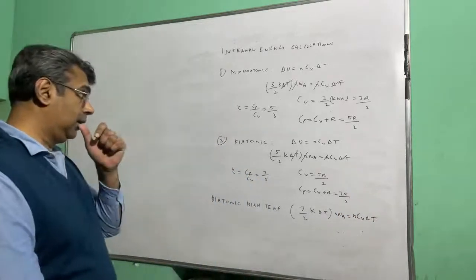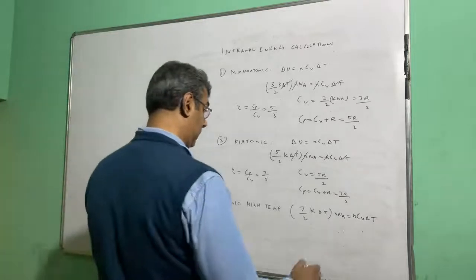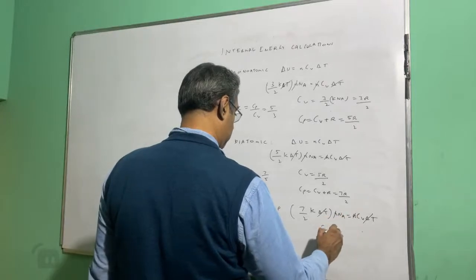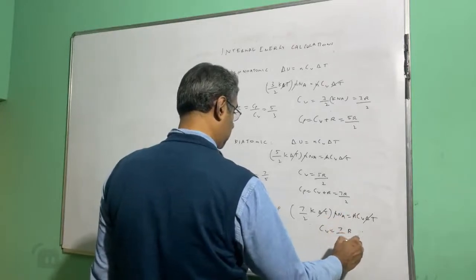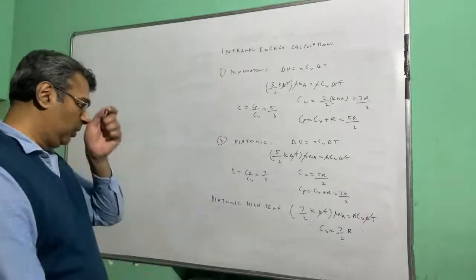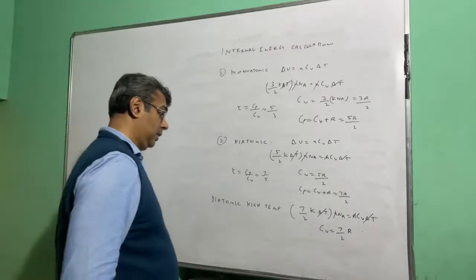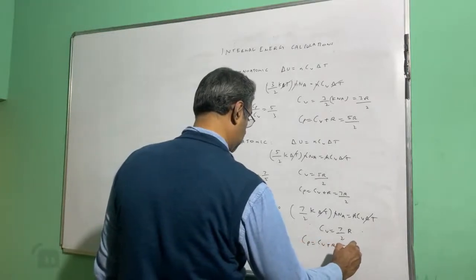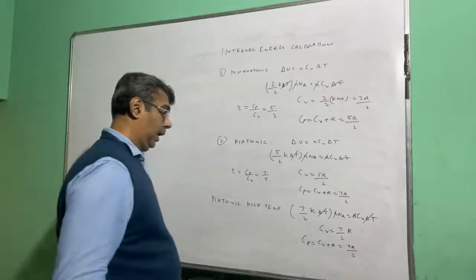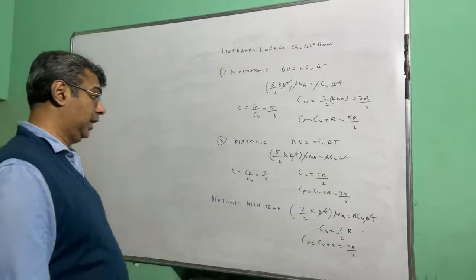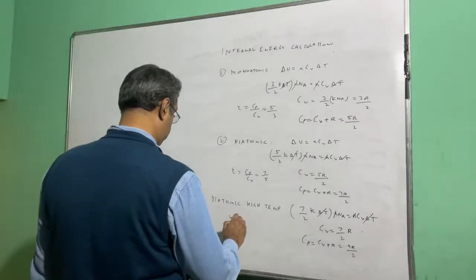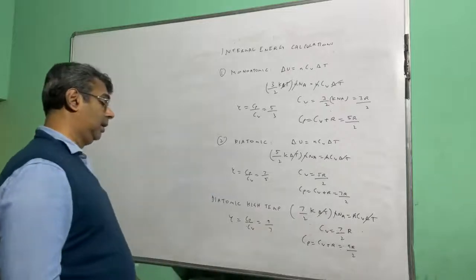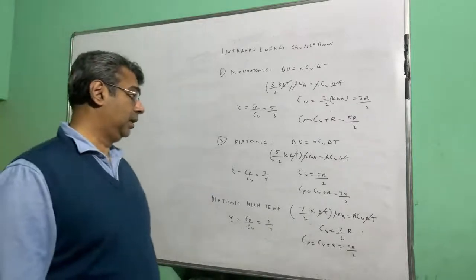So 7 by 2 k delta T into n into Avogadro is n Cv delta T. So this will get cancelled, n will get cancelled. So Cv will be 7R by 2. And Cp will be Cv plus R, that is 9R by 2. And gamma will be Cp by Cv, that is 9 by 7.